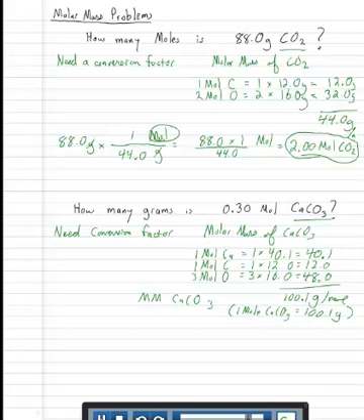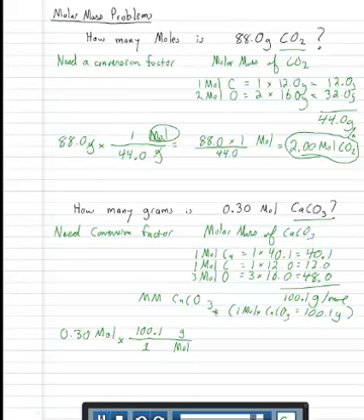So we have 0.30 moles. Now, it is different for each substance, so do pay attention to what you're talking about. And we need to cancel out moles and convert to grams. Now, I can look back up at my molar mass, and I know that I have 100.1 grams for every 1 mole.